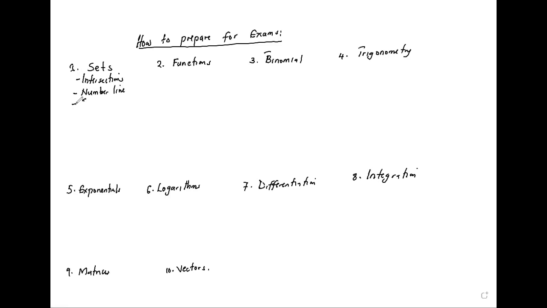Am I able to shade? Or am I able to use Venn diagrams? And that's why we also have complex numbers, where I understand complex numbers, where I understand sets.